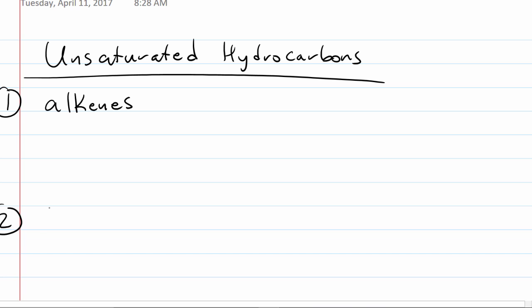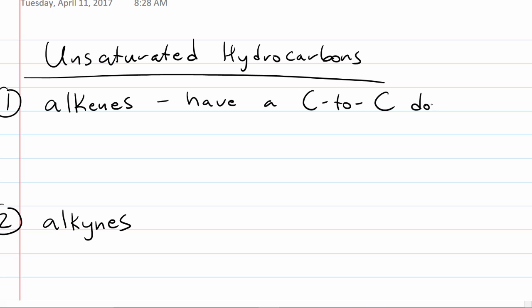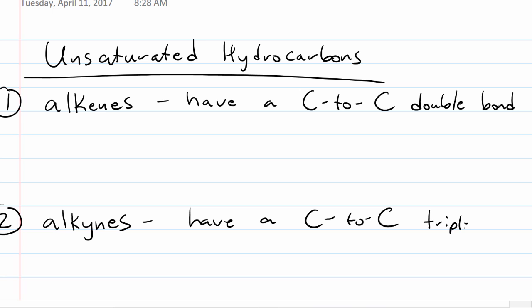I know we're very creative on the names here. So we say that an alkene, these here, have a carbon-to-carbon double bond. And the alkynes, these here have a carbon-to-carbon triple bond.